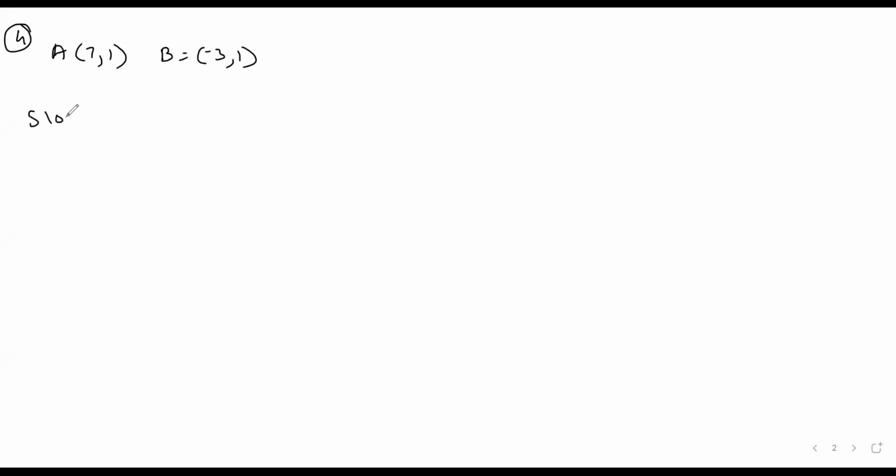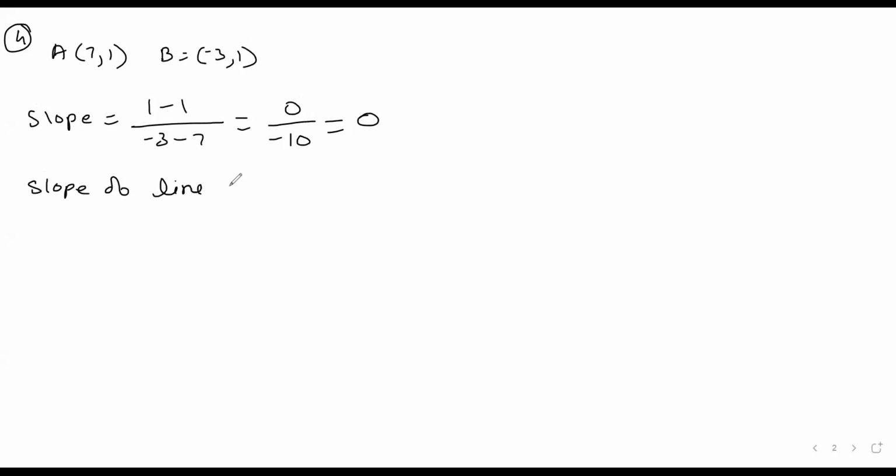So slope will be 1 minus 1 upon -3 minus 7. So it is 0 by 10, so it will be 0. So slope of line is 0. Therefore, line is parallel to x-axis, because slope of x-axis is 0.